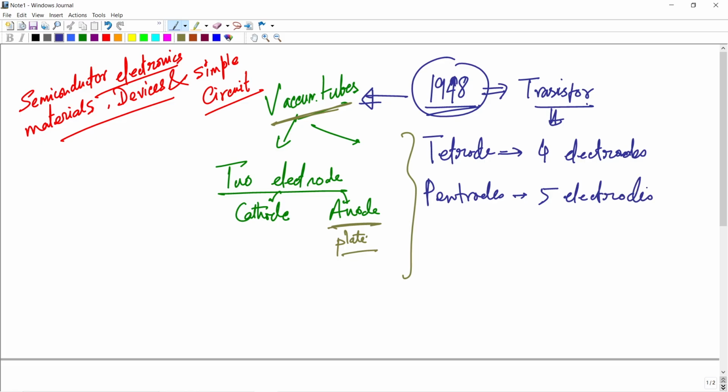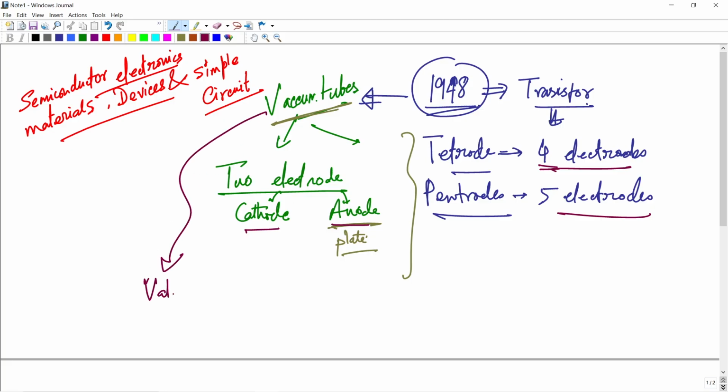These are some vacuum tubes. 4 electrodes means 4 metallic contacts. There are 2 electrodes, a cathode and anode or plate, and there are 4 electrodes, 5 electrodes. The operation is like valves or vacuum tubes. The operation is very complicated.